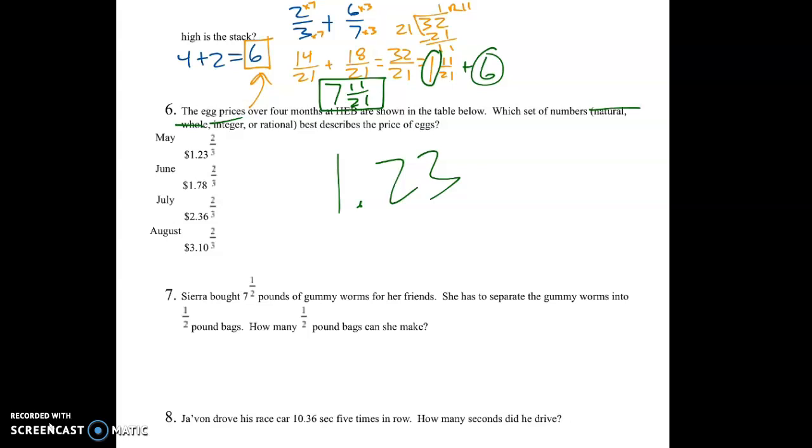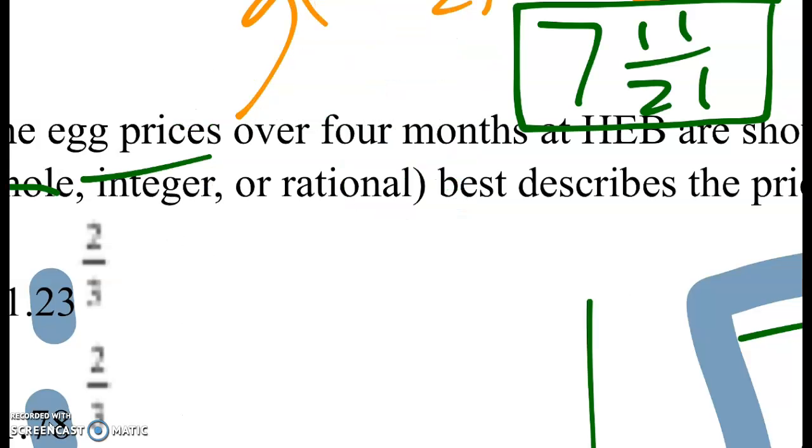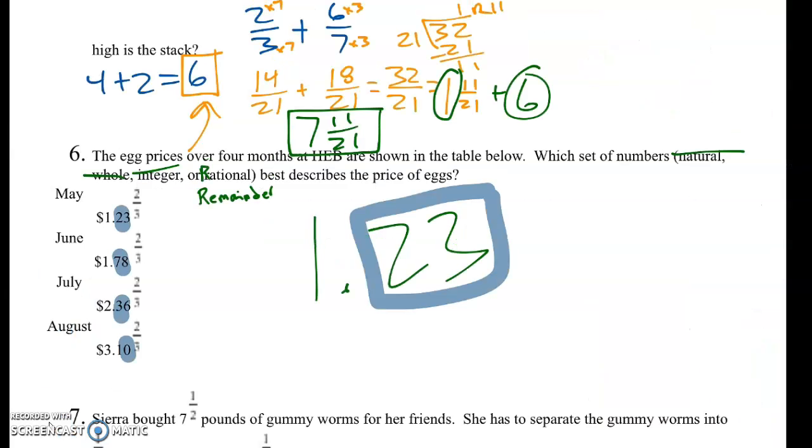And the way that I knew it was rational right away, and it's not just because I'm a teacher, I knew it was rational right away because I think of the word rational starting with the letter R, and also the word remainder starts with the letter R. So if there is a remainder on a number, then that means it's rational, and it's only rational.